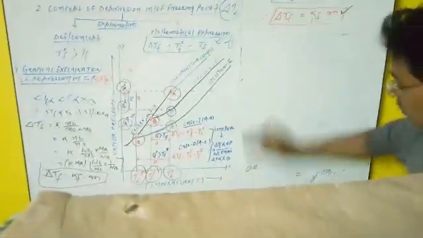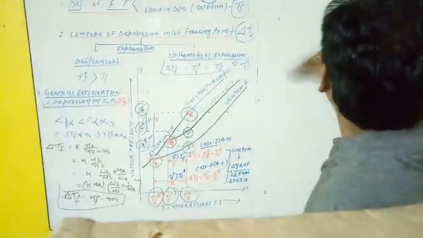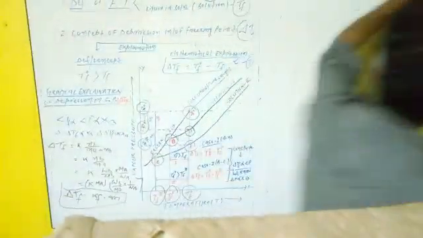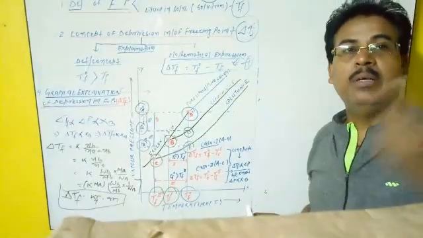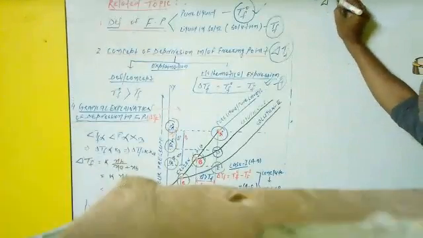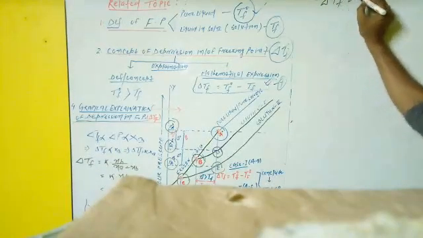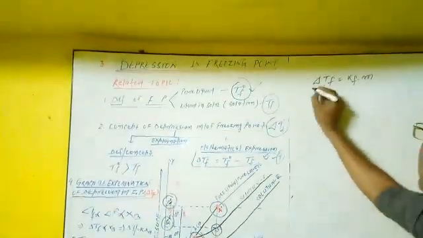So this becomes again, you see here, we know the relation between depression in freezing point and molality of the solution. What is the relation? Delta Tf equal to Kf into molality. Yes or not? Yes.